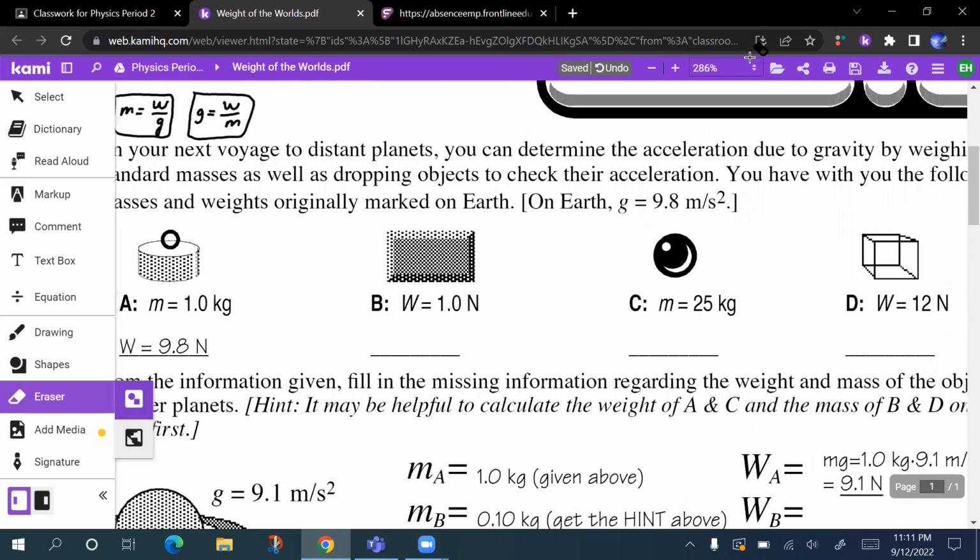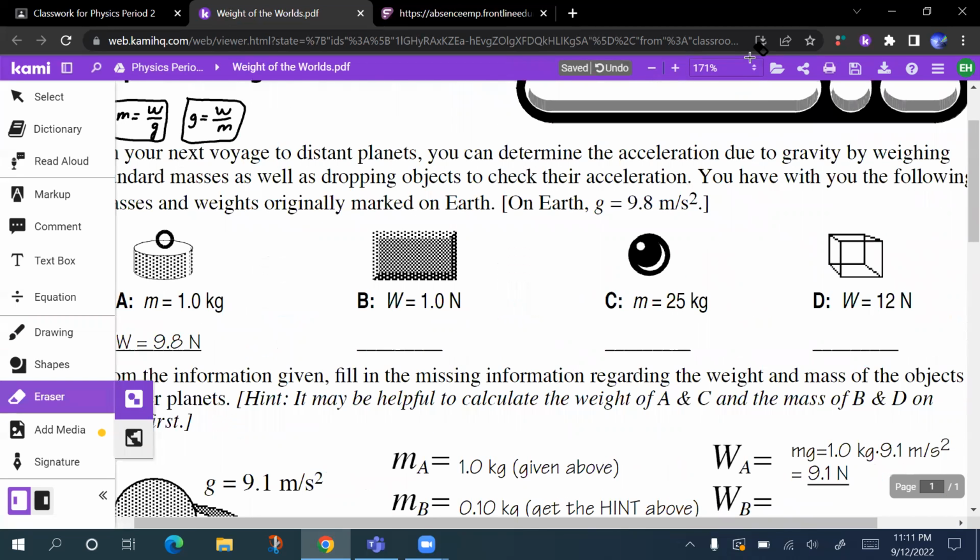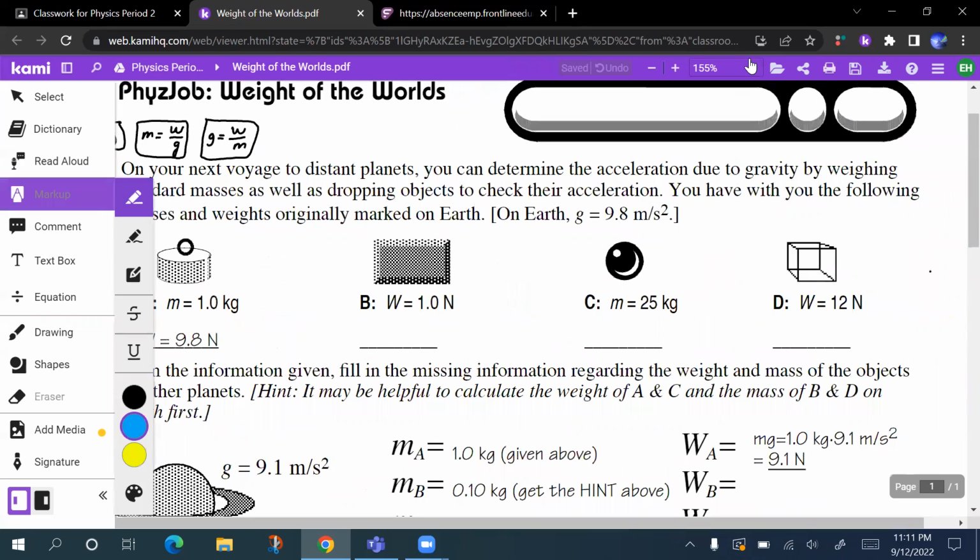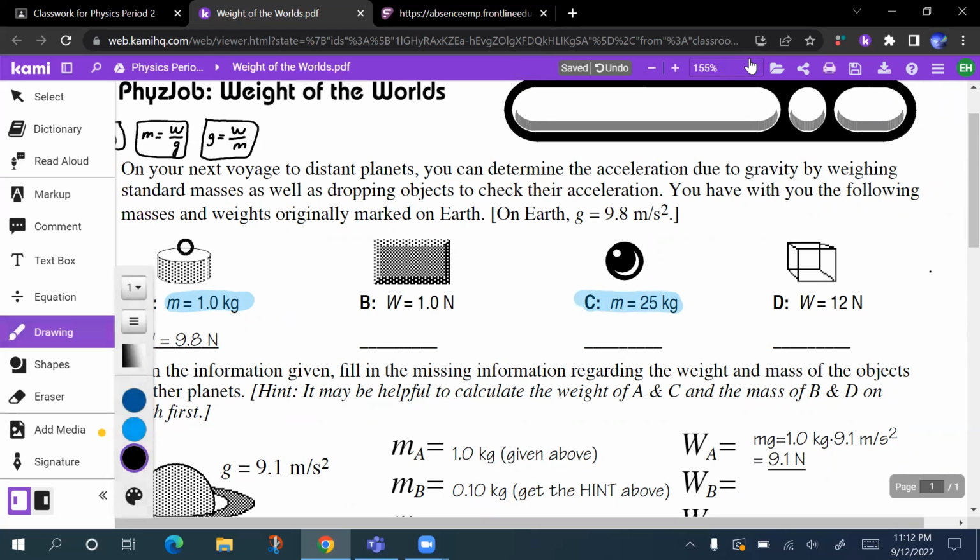Okay, now for part B, C, and D, you can see we're given different things. So, for instance, I'm given mass of A, mass of C, but then for B and D, I'm given the weights and not the masses. So we're going to kind of be thinking opposite. We can use this equation right here. Where the mass, or excuse me, the weight would be equal to 1.0.